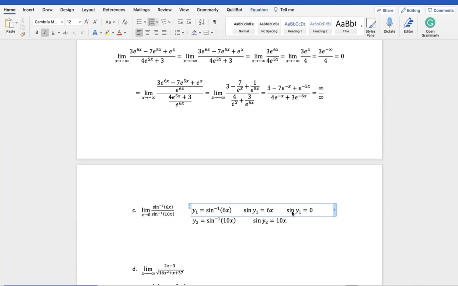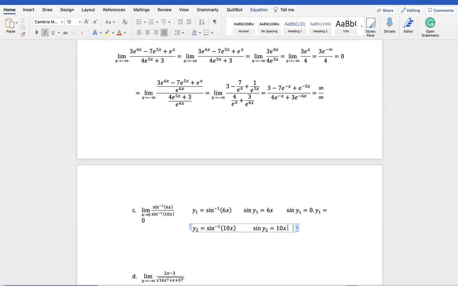And that would just mean that y1 is tending to 0 as well, right? And then for the second one, as x tends to 0, y2 is also tending to 0, right?